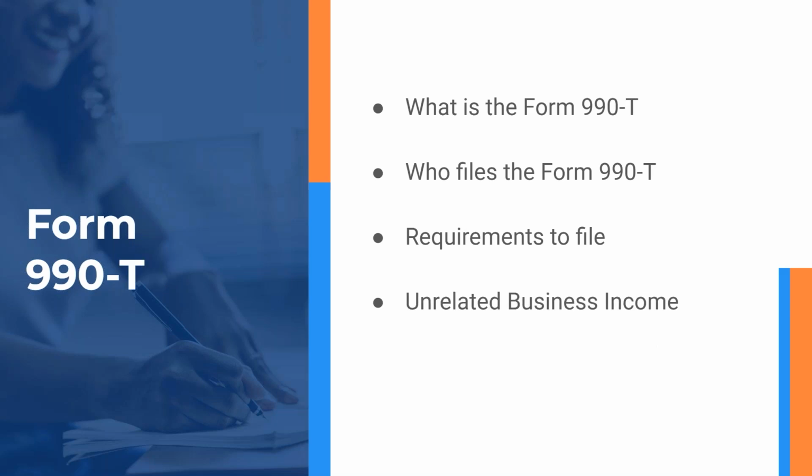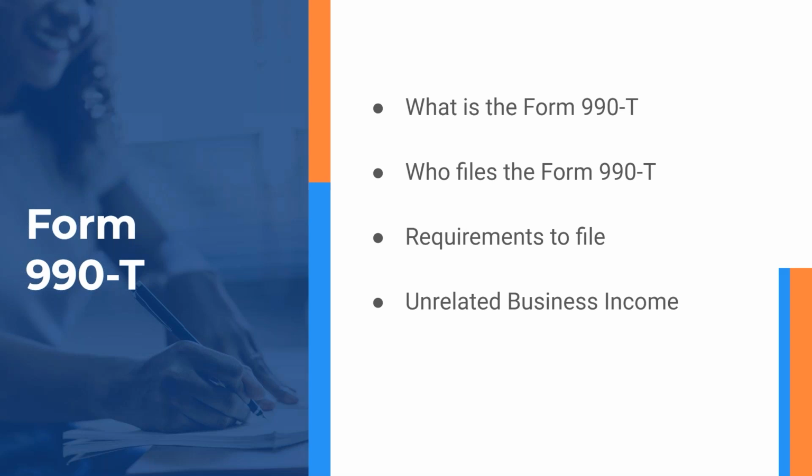And let's look at the 990-T for unrelated business income. Organizations that file their 990 series and also have unrelated business income greater than or equal to $1,000 should file Form 990-T. The 990-T may require Schedule A to report income and allowable deductions for each unrelated business or trade they report.